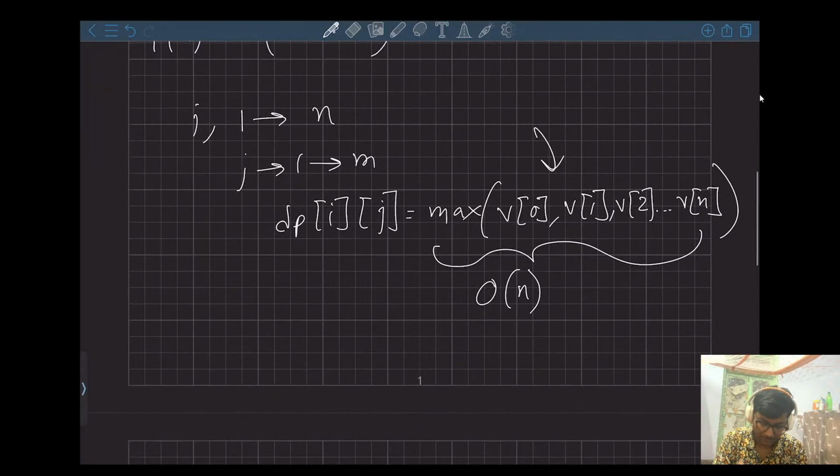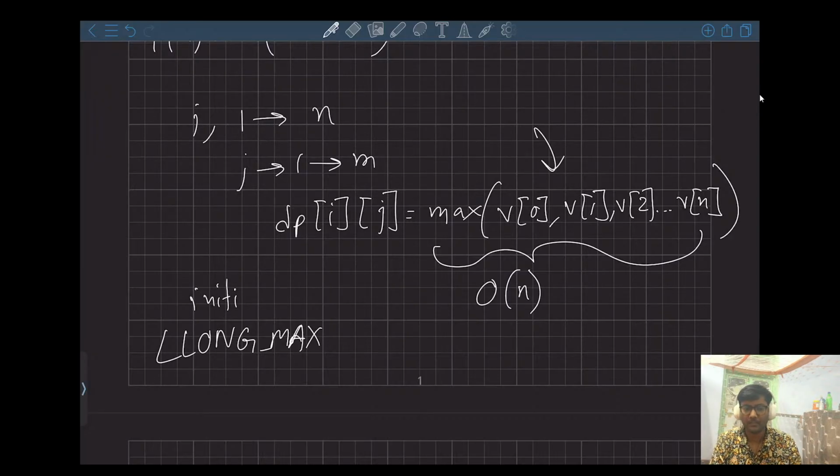For example, you can take a very high value like INT_MAX, or you can also take the first element. It is not necessary to take INT_MAX. And then from the second element, you can go up and maintain that.